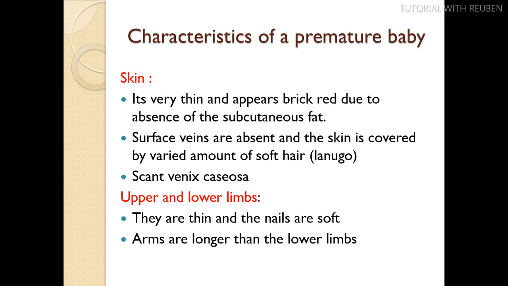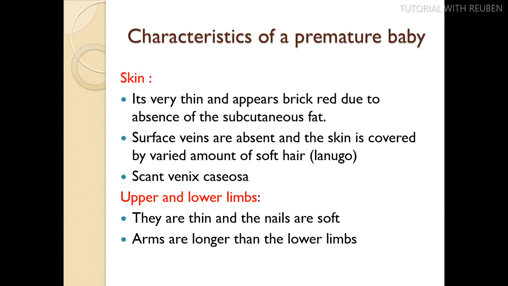Then when you're looking at the skin, you're going to notice that the skin is very thin and it appears brick red. The reason this skin is thin and appears brick red is because of the absence of the subcutaneous fat. Then the surface veins are absent and the skin is covered by a varied amount of soft hair.